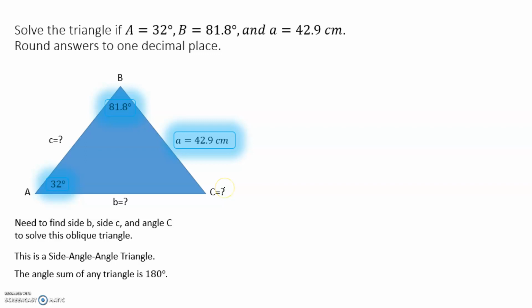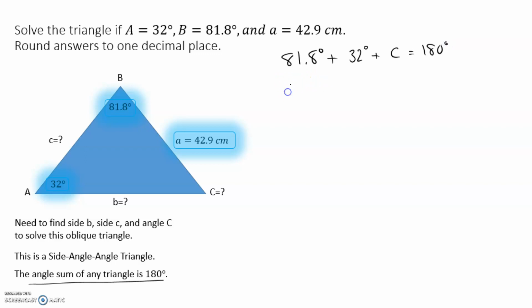Now the easiest one to find right now is angle C, because if I add up all the degrees in a triangle, we know that's going to equal 180. So if I have 81.8 degrees plus 32 degrees plus C, I know all of that is going to equal 180.